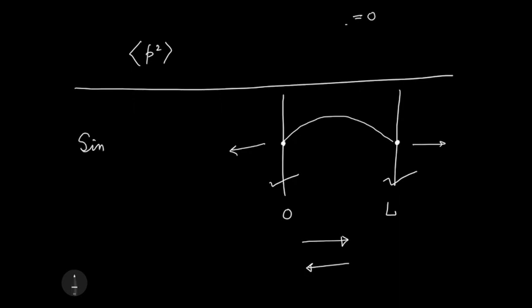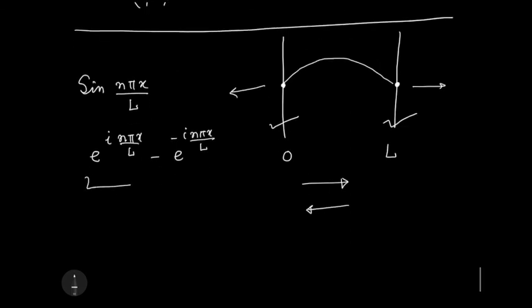In our case also, we saw that we get sine n pi x by L as our wave function, which I can write as e to the i n pi x by L minus e to the minus i n pi x by L. Now, if you look at it carefully, each of these is actually also an eigen function of the momentum operator.